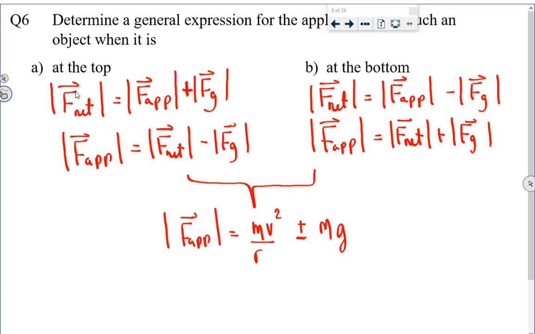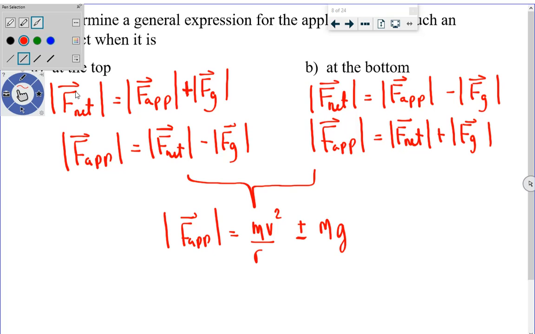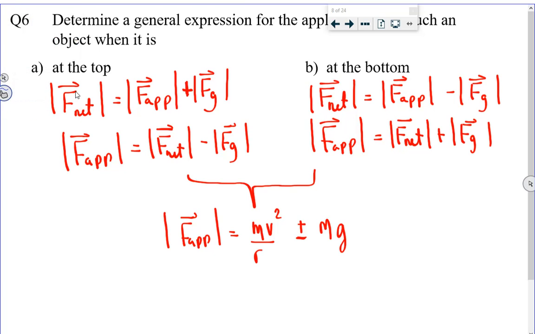So throughout our work, I'm simply going to say that it's mv squared over r minus mg at the top, and mv squared over r plus mg at the bottom, because I know at the bottom I have to work harder.